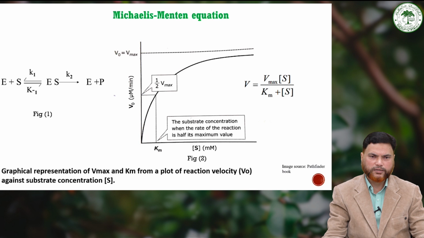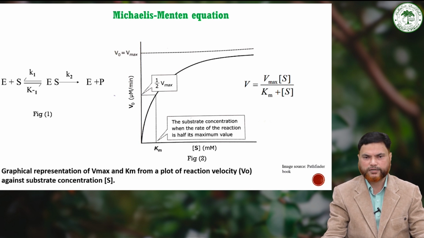This Km can be calculated by adding together two other constants, K minus 1 and K2, and dividing by another constant, K1. It is measured in terms of moles of substrate per liter, and a lower Km value means that the enzyme really likes that substrate and grabs the substrate very tightly.